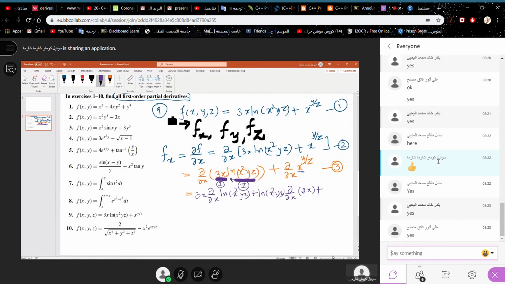And here what is the situation? This is what? Derivative of x to the power n is how much? We are differentiating with respect to which?